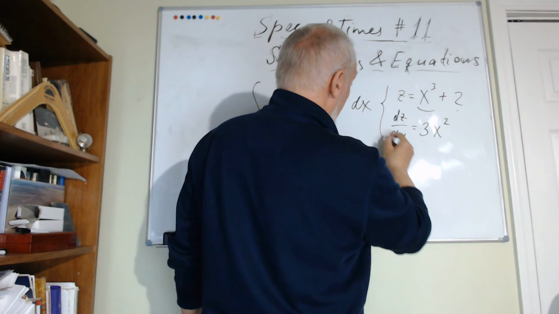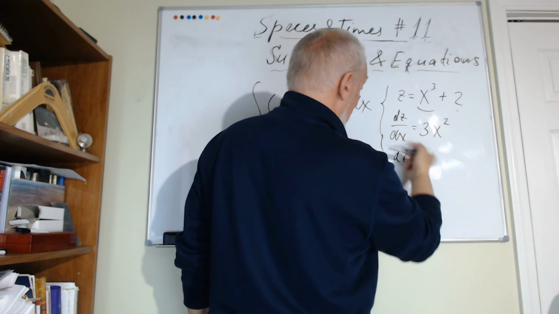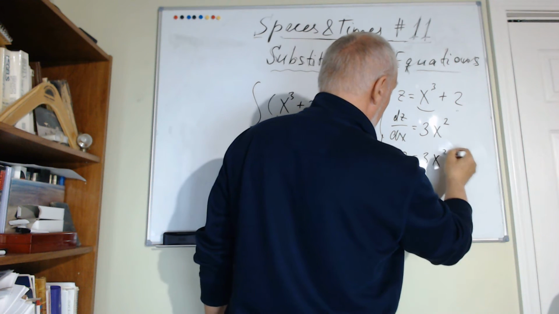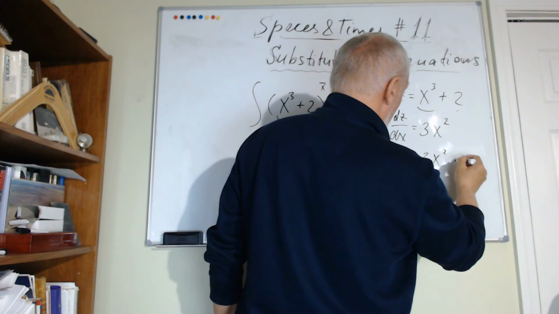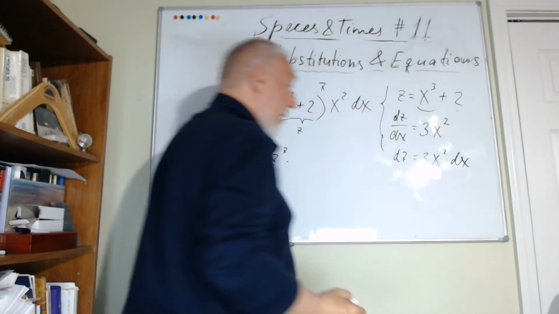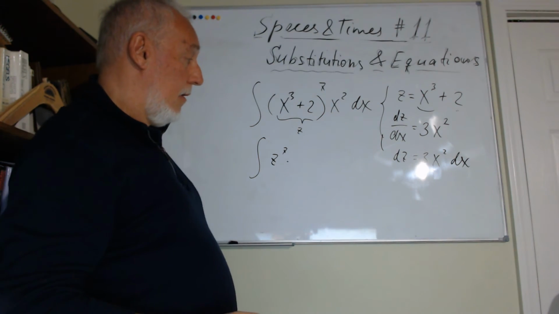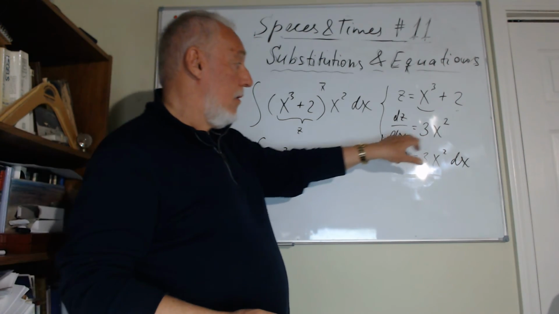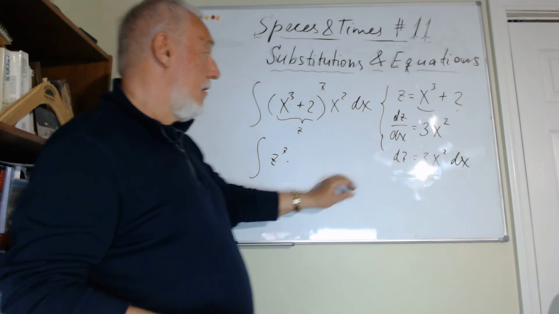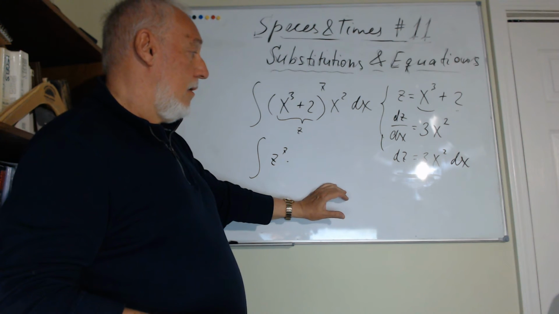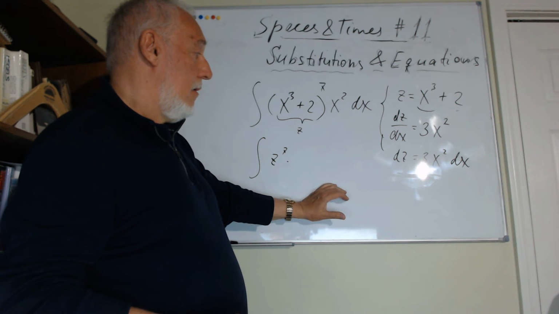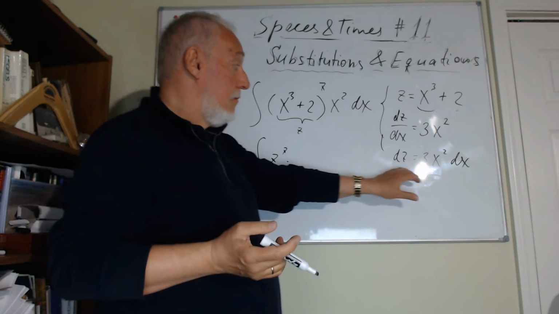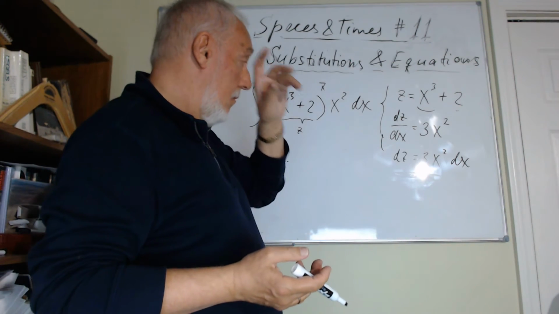What can we do? We can write from here that dz is 3x squared dx.